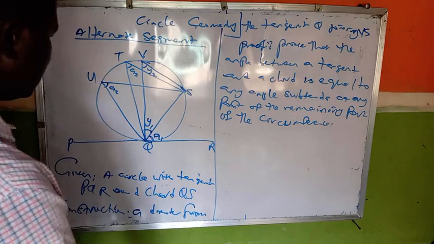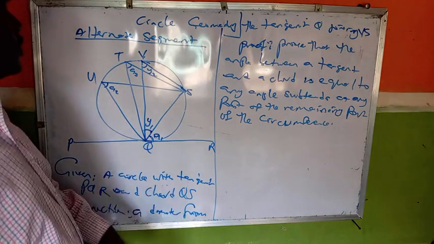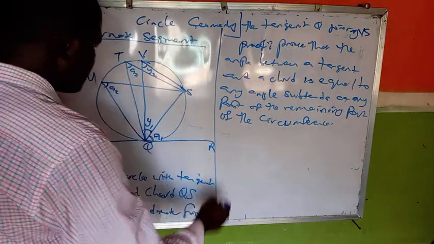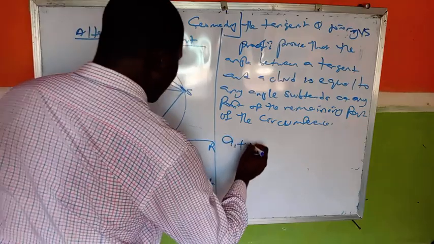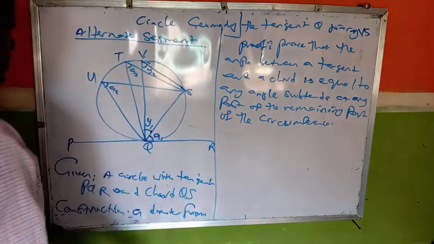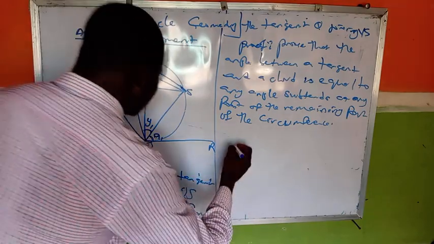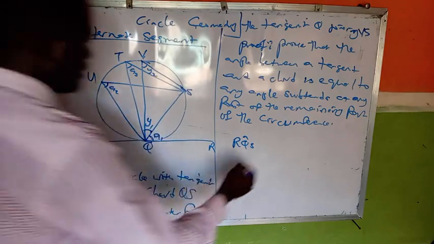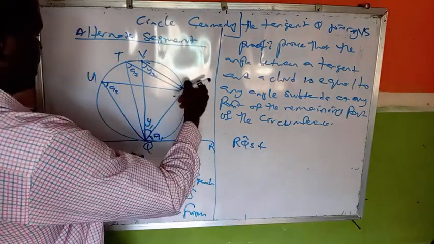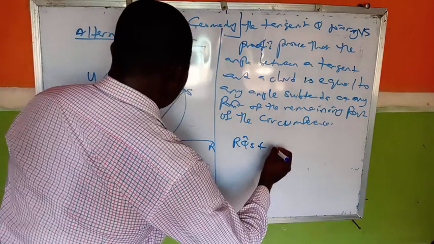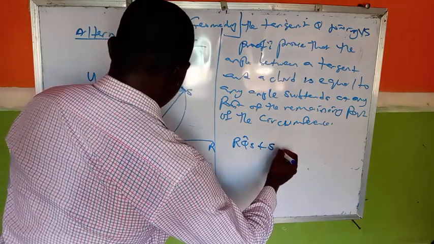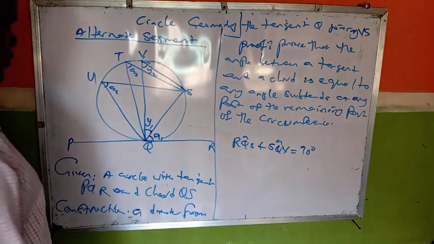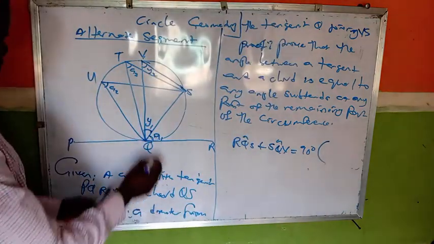Then let's prove it now. You don't need to cram anything. It's very simple. So look, angle RQX, which is A1, plus angle SQV, equals 90 degrees. What's the reason here?